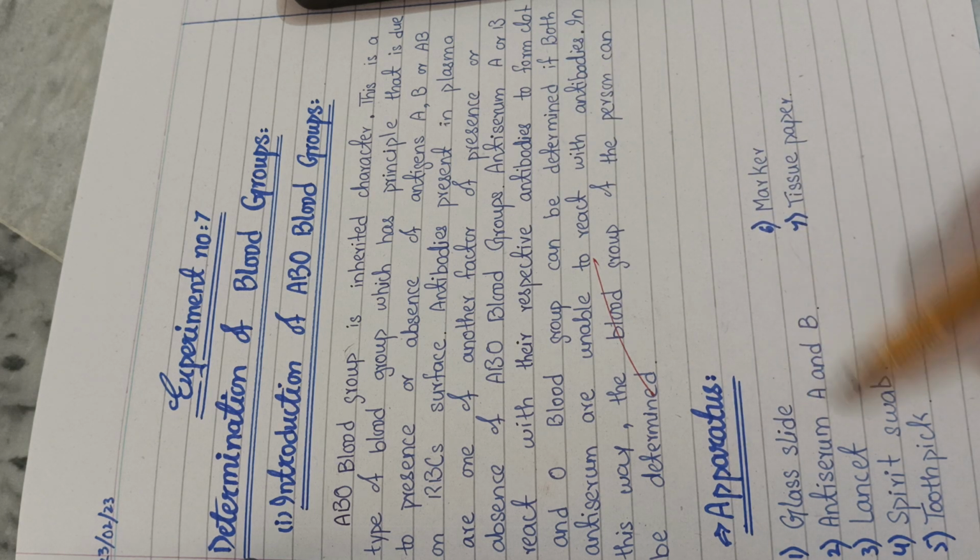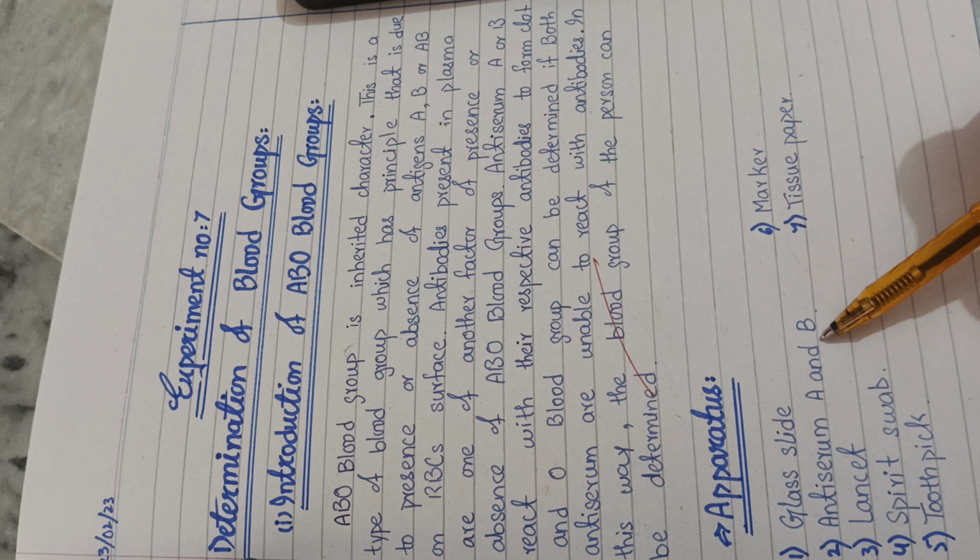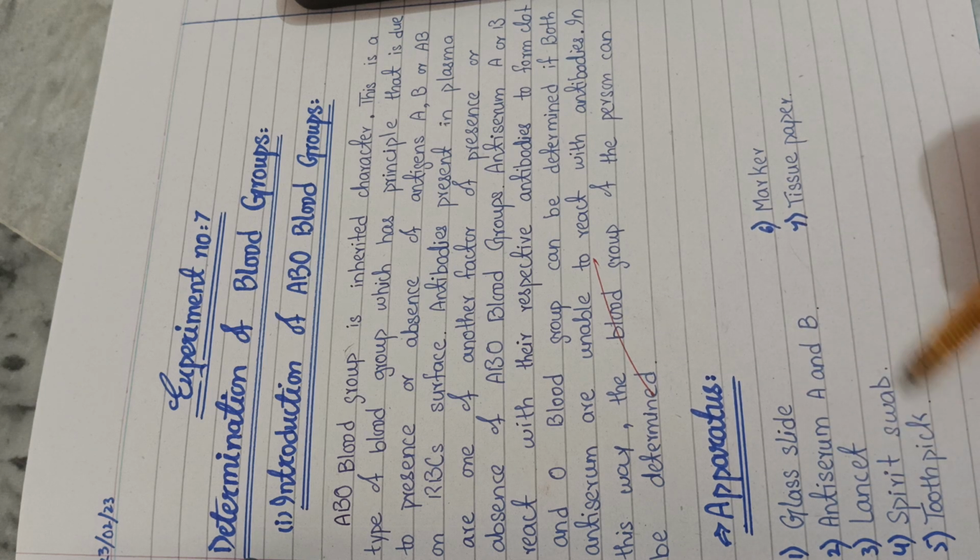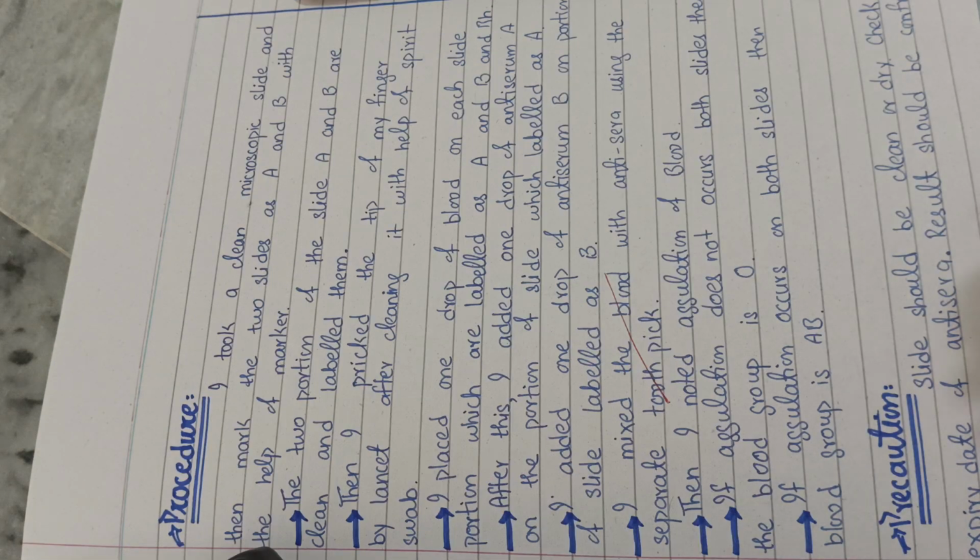Okay, now we see what the apparatus is for it. You need a glass slide, anti-serums A and B, a lancet, spirit swab, toothpick, marker and tissue paper. In the procedure, you have to take a clean microscopic slide and mark the two sides with A portion and B portion.